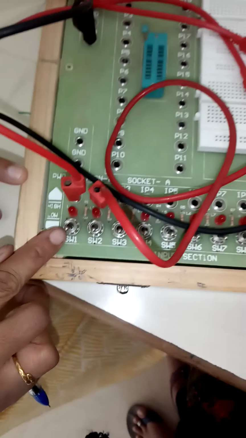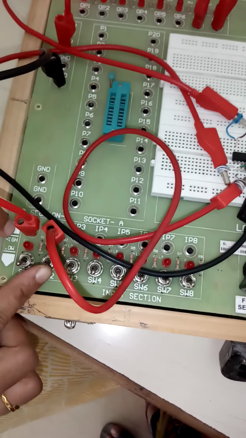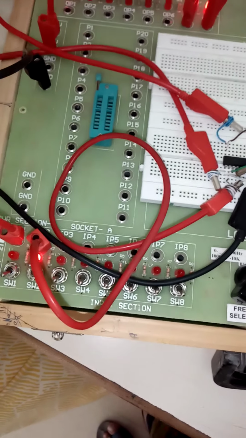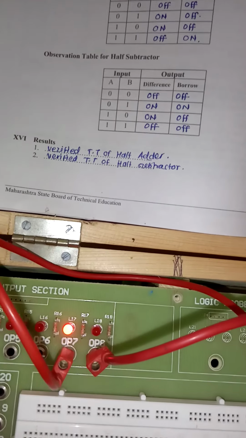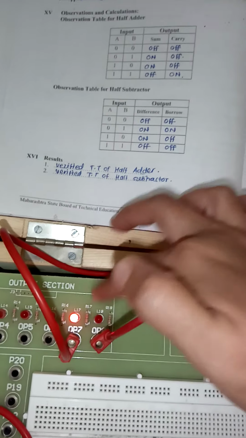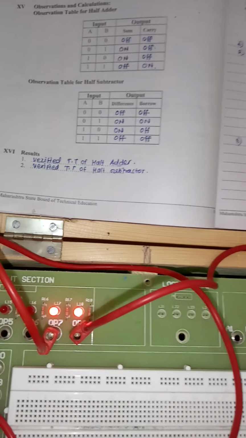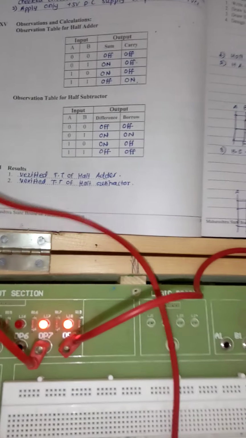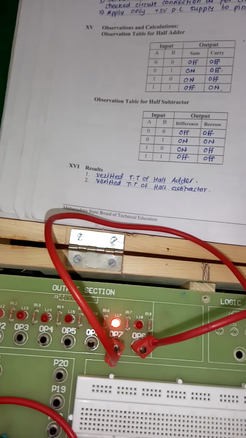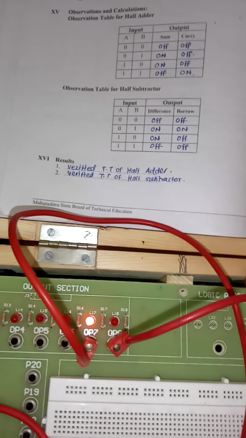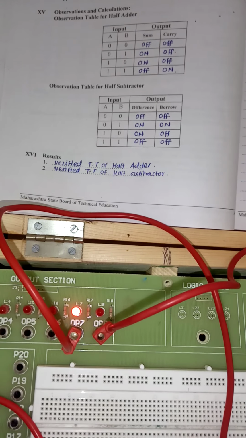Now we will apply a second condition, that is our first input is 0 and second input is 1. So you can observe that sum is 1 and carry is 0.